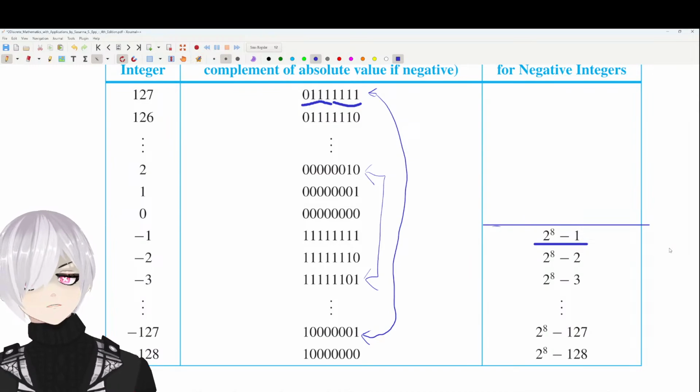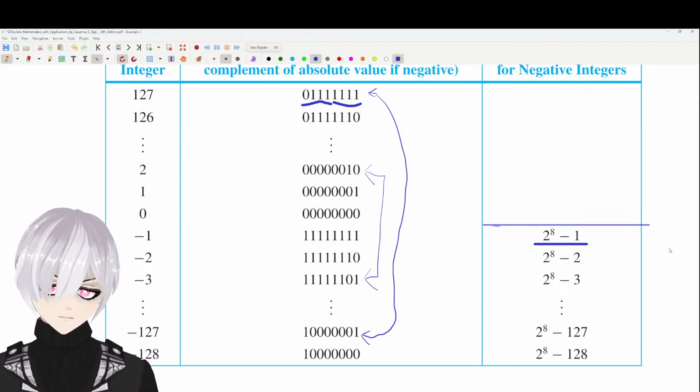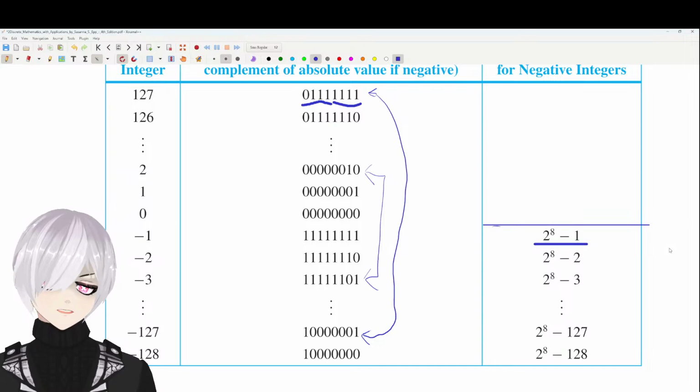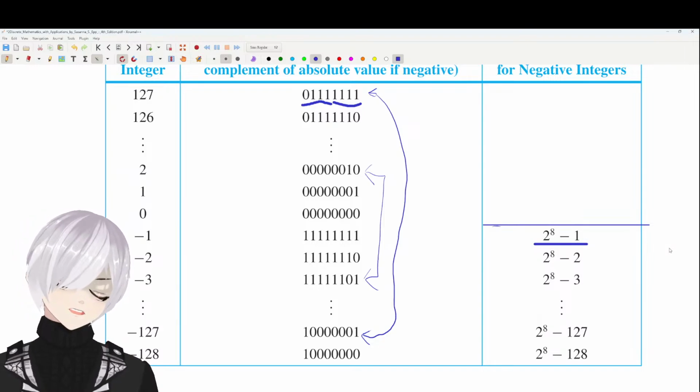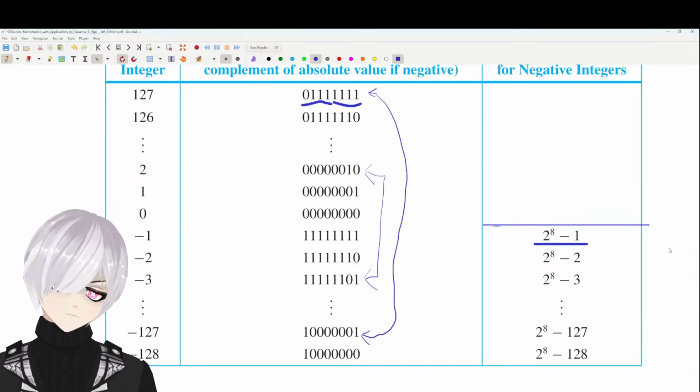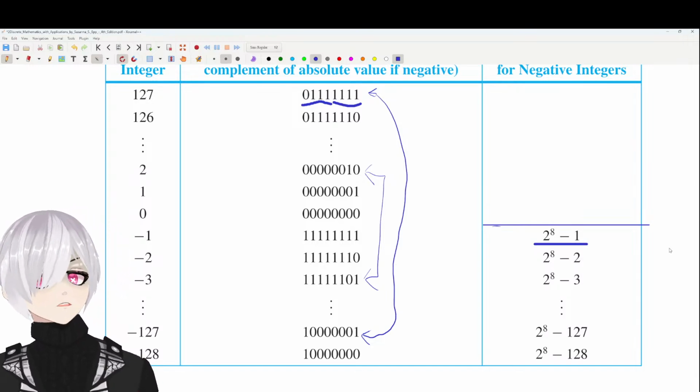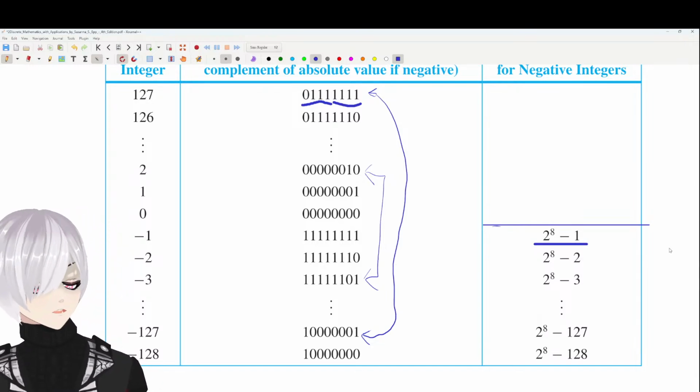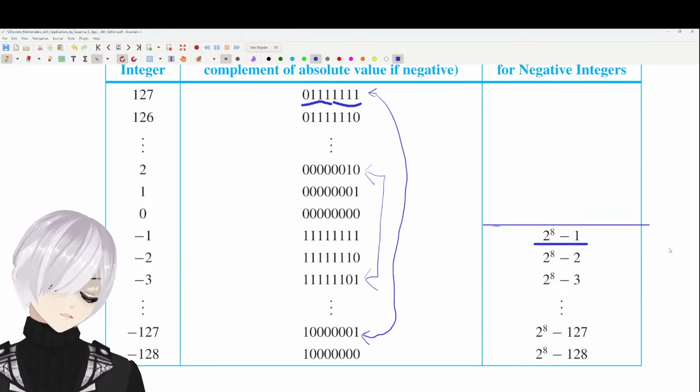Clearly, it's not the 2's complement of the negative number, or else they would have mentioned that. Well, if you already have the binary representation of the negative number, you can take the two's complement of the two's complement to get back to the absolute value. Because -1 is represented as the two's complement of 1, and if you take the two's complement of that, you get back to 1.